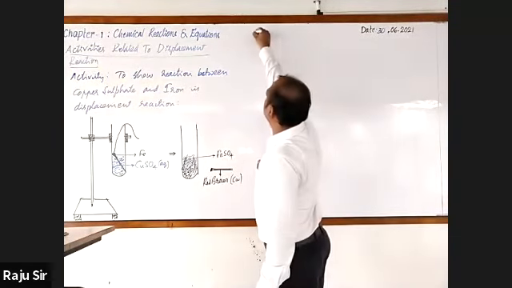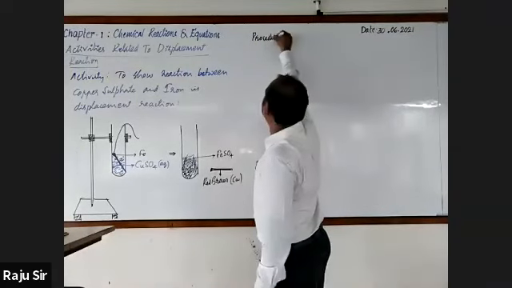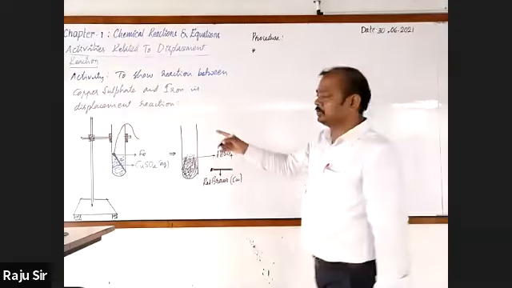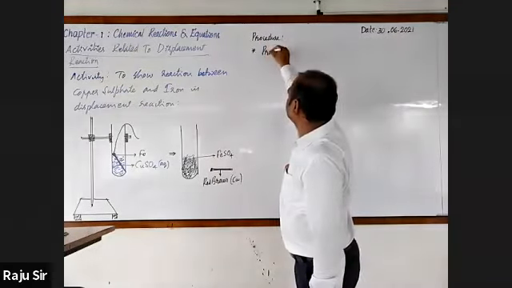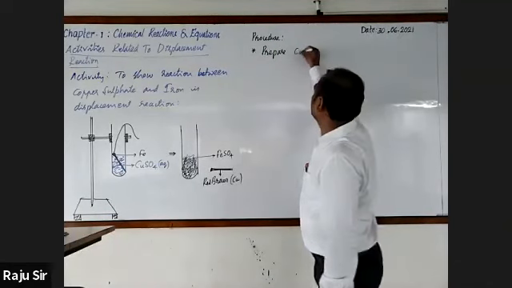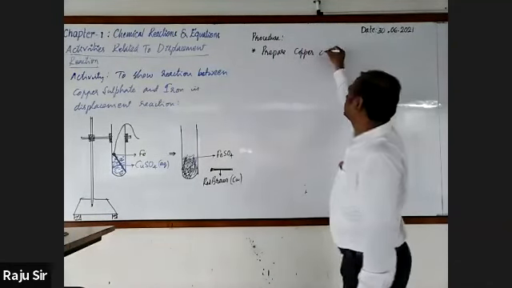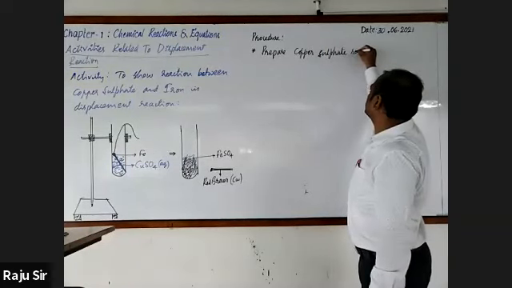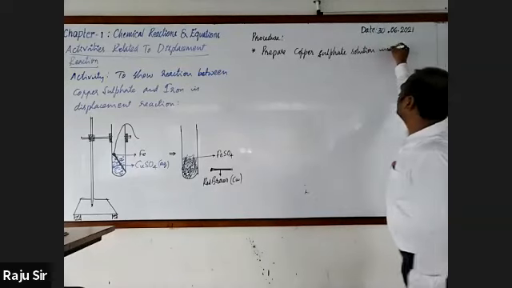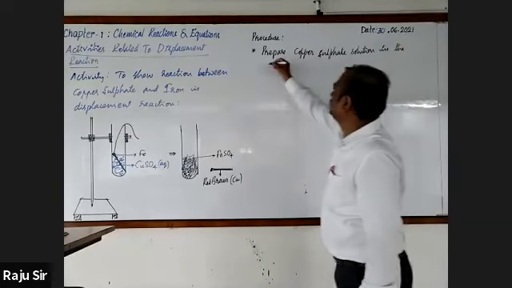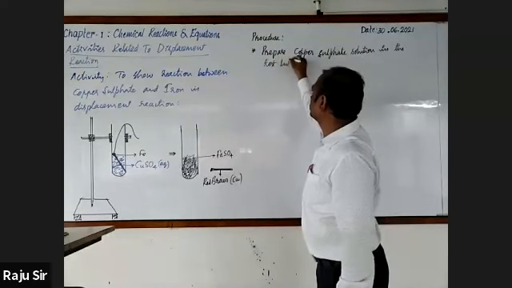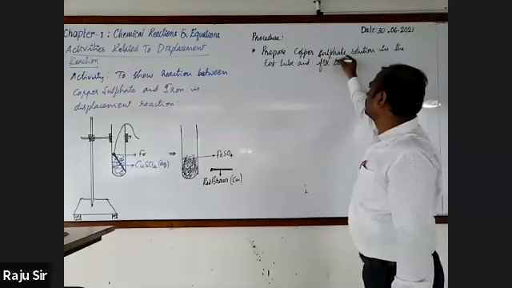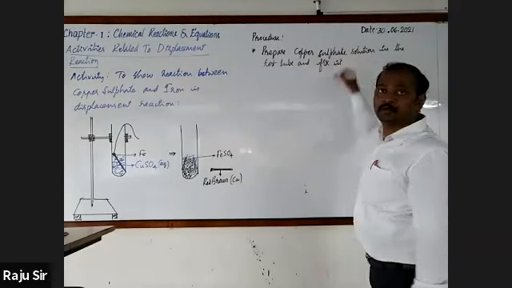Now let's go for writing the procedure. Very simple procedure. First point: prepare copper sulfate solution in the test tube and fix it to the iron stand.